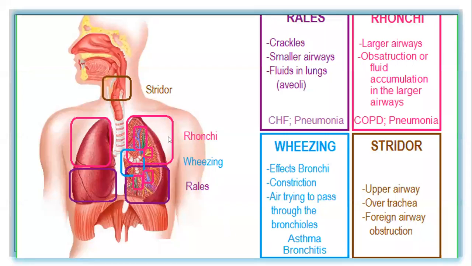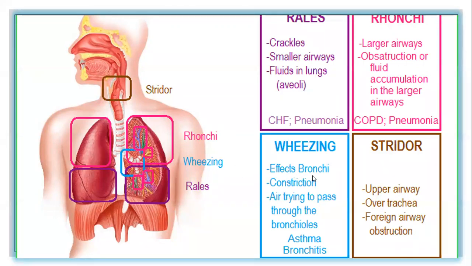Here showing a few pathologies, like abnormal sounds. Like stridor, and stridor is more common if the patient has an upper airway obstruction or any foreign body in the throat, the cause of stridor. Then wheezing.